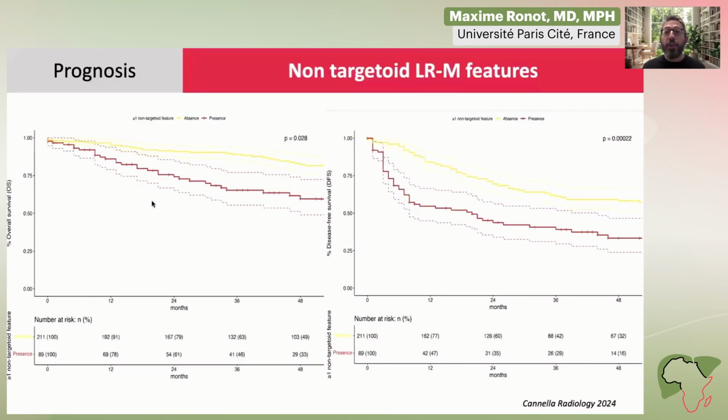And our group, for instance, showed that in patients with HCC, even if you adjust for the pathological features, tumors displaying at least one of these poor prognostic features have a worse prognosis. And what's interesting is that it's very complementary to pathology. So both pathology and radiology provide complementary information.